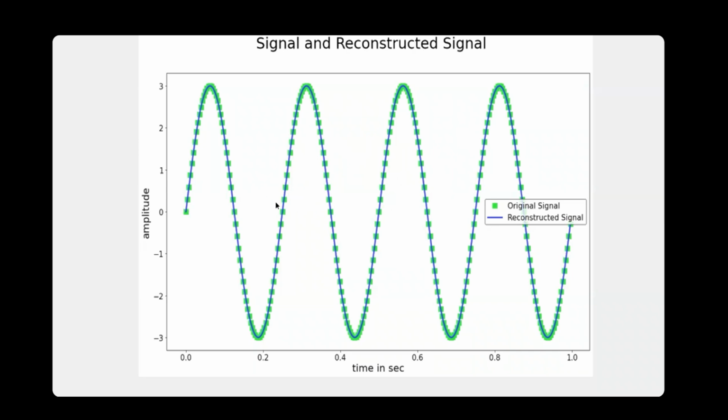Both signals are overlapping with each other right from the start to the end. So, we can see that we have successfully recovered the signal after going through the Fourier transform and the inverse Fourier transform. Hence, we can now clearly say that we have proved that the Fourier transform is a lossless transformation, and during this transform, there is no loss of information, and we can recover our signal back in the time domain.